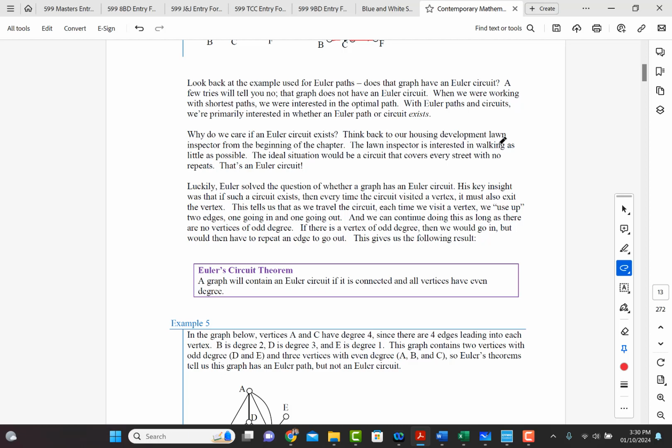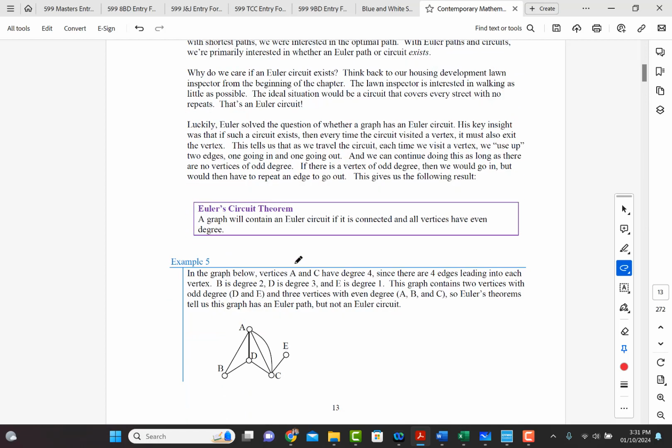One going in and one going out, because remember, you can't use the same edge to go in and out, right? That goes against the definition of an Euler circuit or path. And we can continue doing this as long as there are no vertices of odd degree, right? So if there's a vertex of odd degree, then we would go in, but would then have to repeat an edge to go out. And this gives us the following result.